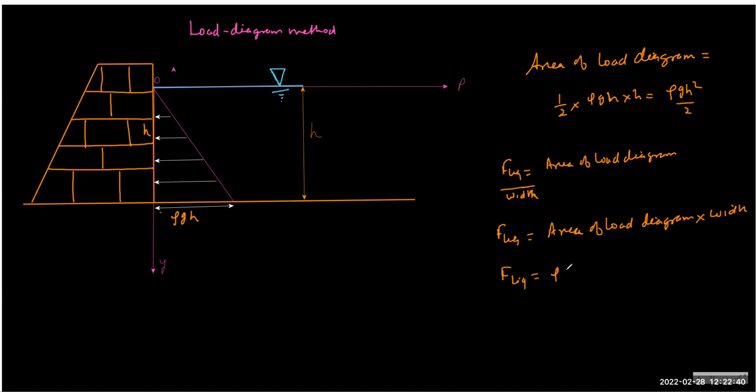Therefore the answer will be rho gh square by 2 into L. And again, this is the same answer as we derived earlier.